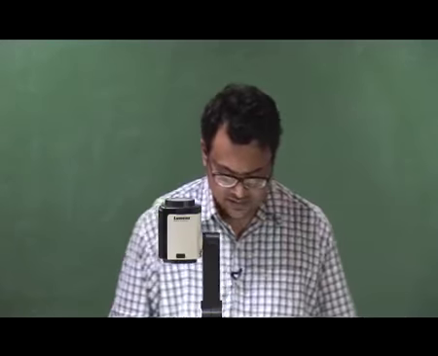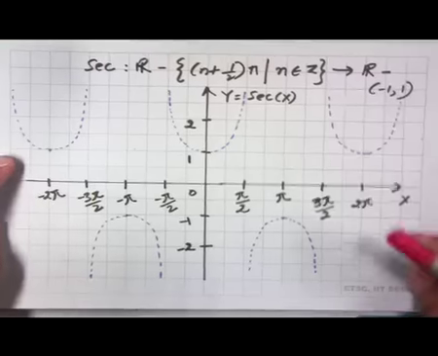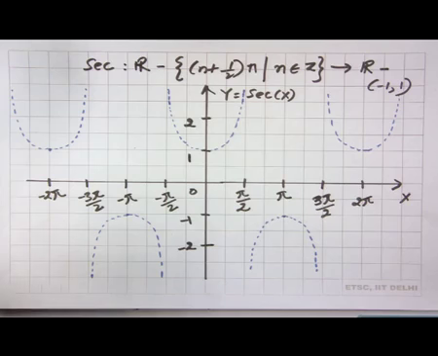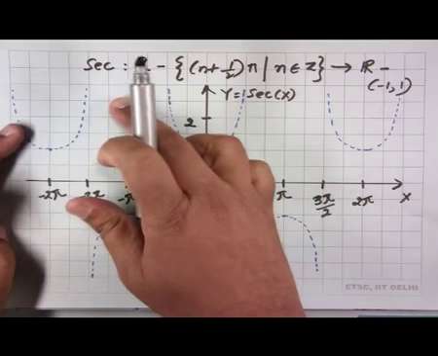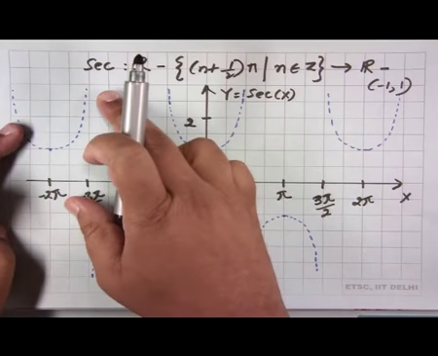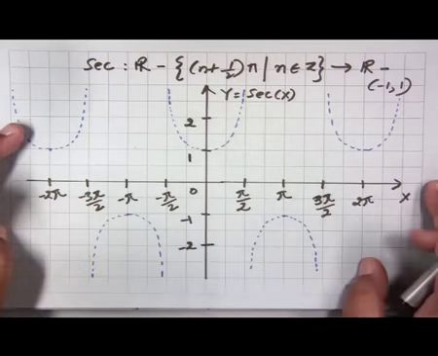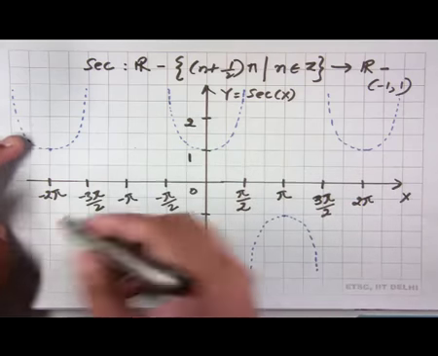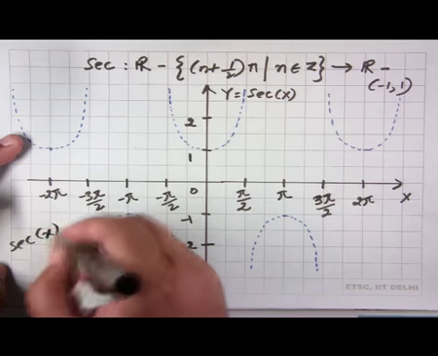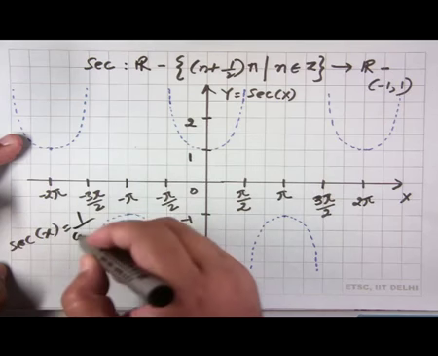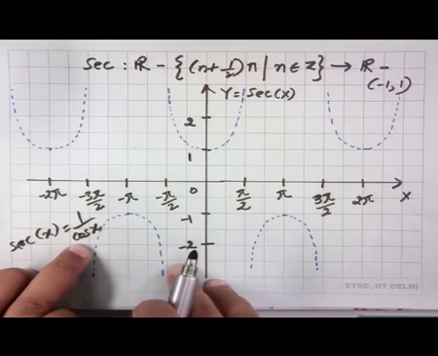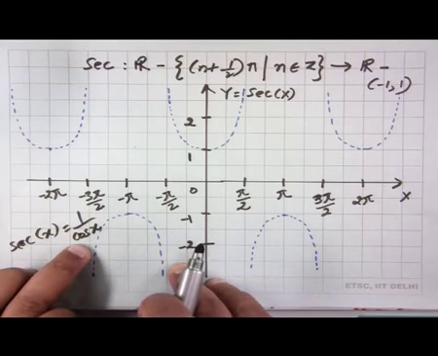And similarly, the secant function will have a similar problem, and for the secant function also we need to define the inverse meaningfully. Just like the other trigonometric functions, we also have to restrict its domain, because secant of x is equal to 1 over cos of x, and we know that cos of x is 0 whenever x is an odd multiple of π/2.